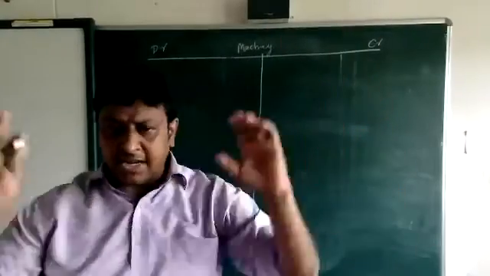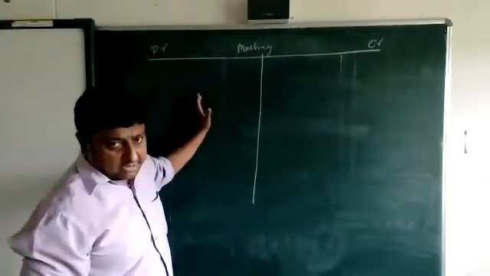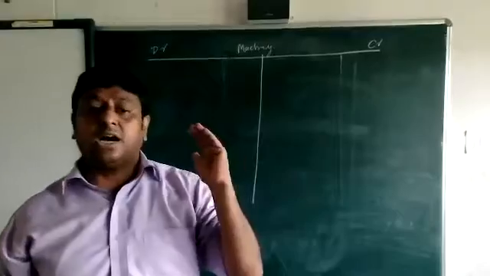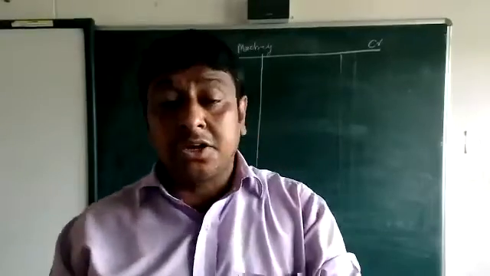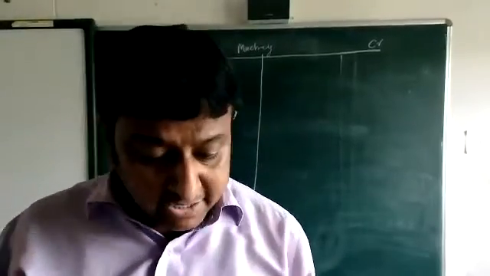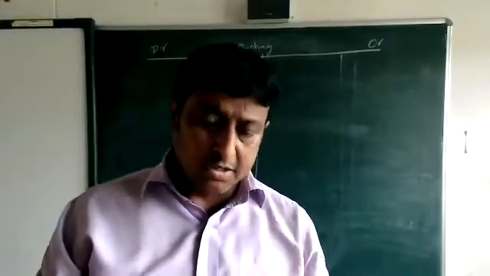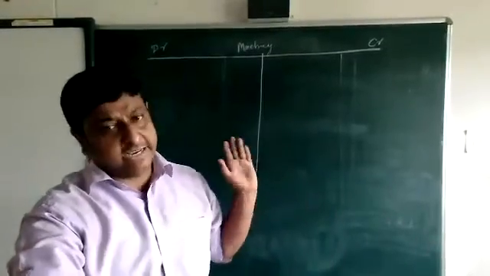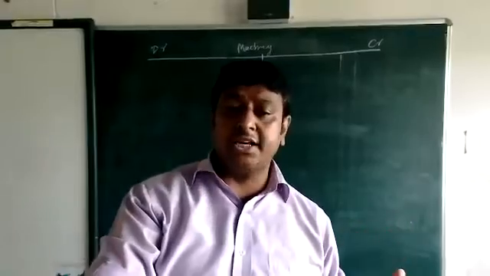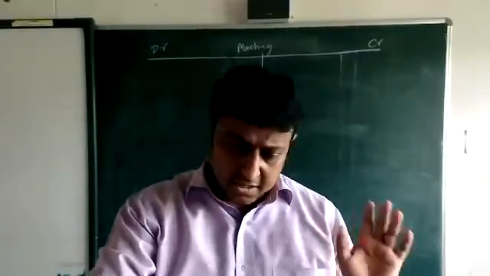Okay beta? Clear? Again, any assets or expense increase then debit side, decrease then credit side. Okay, clear? Machine is an asset, will increase on the debit side, decrease on the credit side.